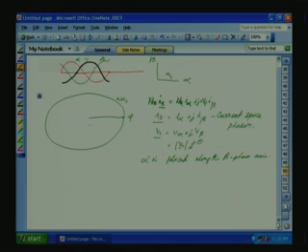Okay. So, this is alpha, this is beta. Now, our ABC quantities: A is along this direction, B is 120 degrees, C is also 120 degrees.